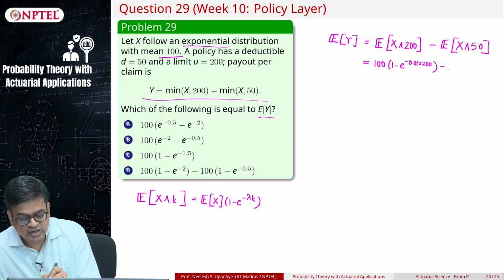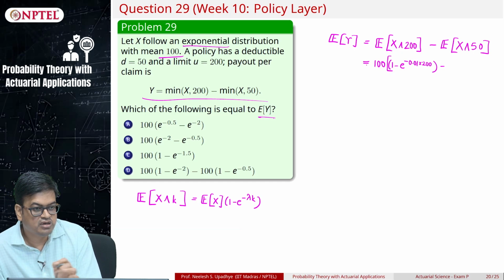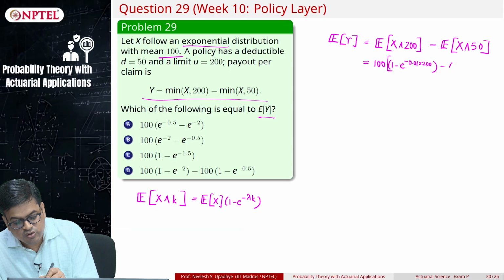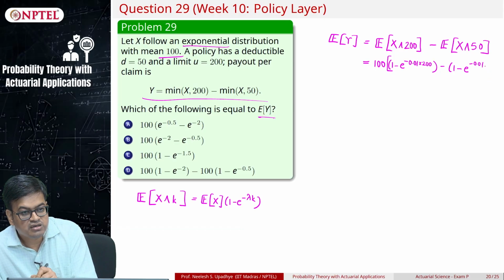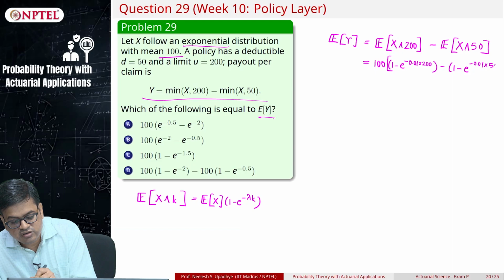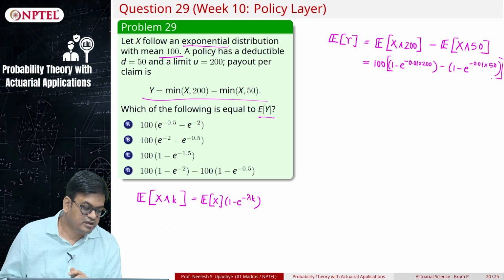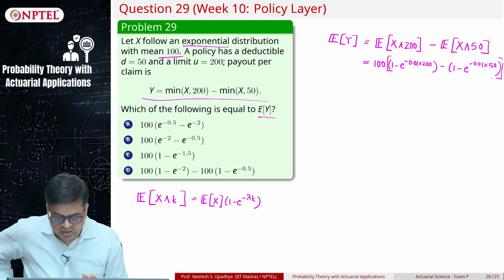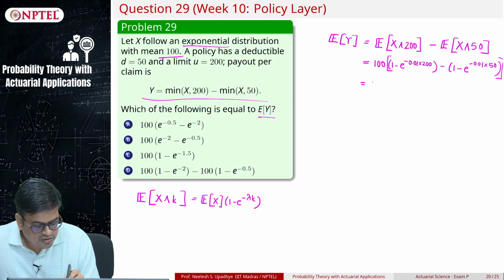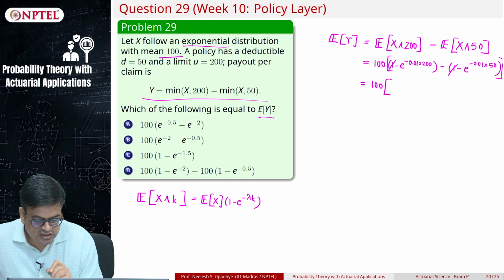okay, minus, again the same logic applies. So, I will take this 100 common, and this is 1 minus e raised to, lambda will still remain the same, 0.01, multiplied with 50, then the square bracket is complete, fine. Then I have to just reshuffle the things and get the final answer, very good. So, 100, now you look at this 1, this will mutually cancel off, this negative sign will become positive.